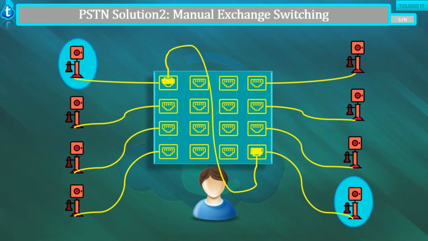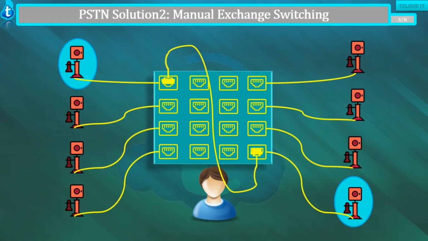Both these options are the same, but instead of having one wire, here we have three pieces of wire combined with joints in the middle. One wire is from the device to the exchange, the other wire is from this port to this port, and the third wire is from this port to the other end device.